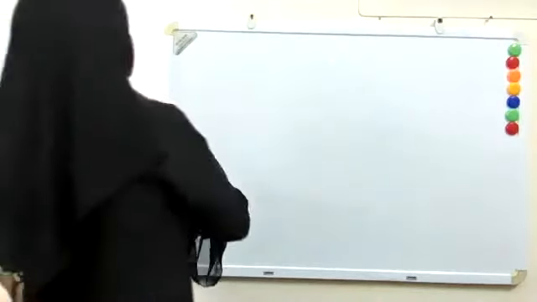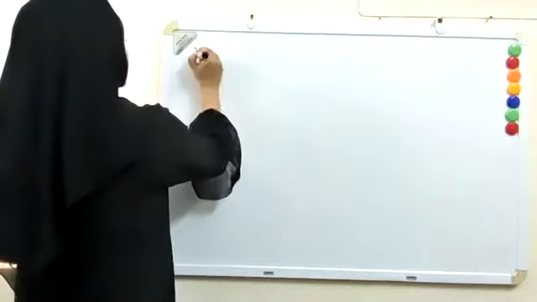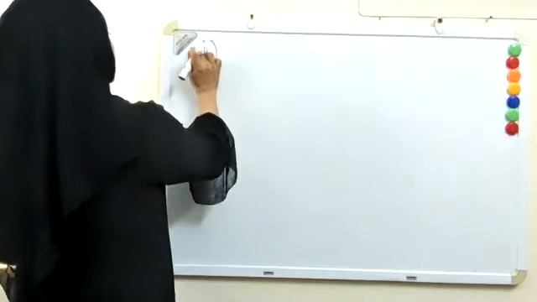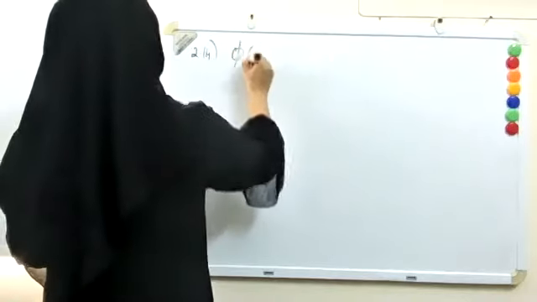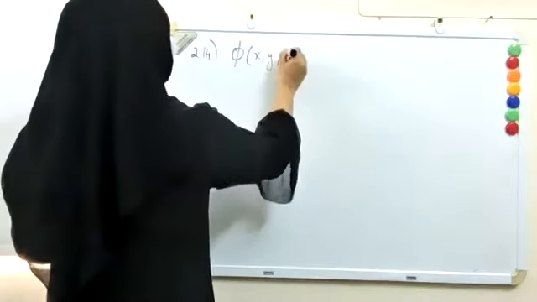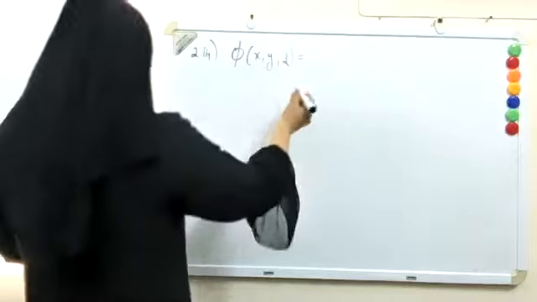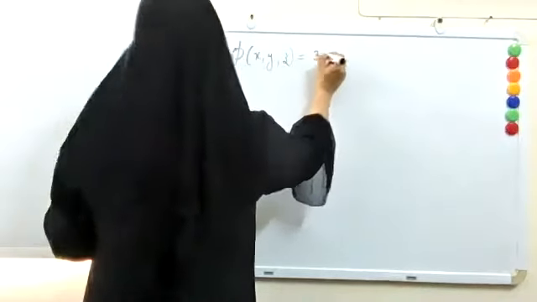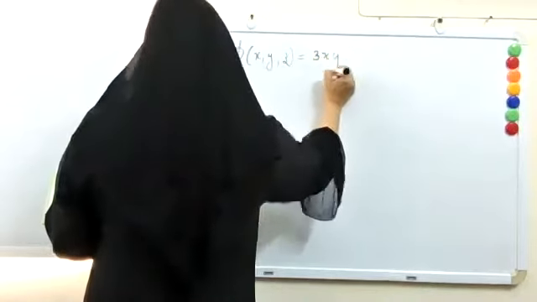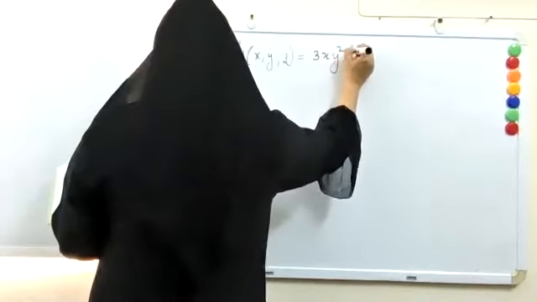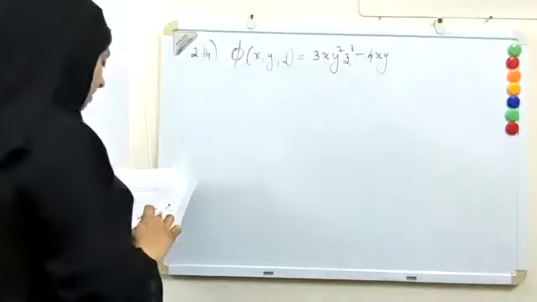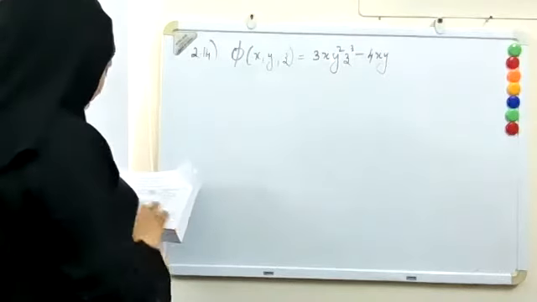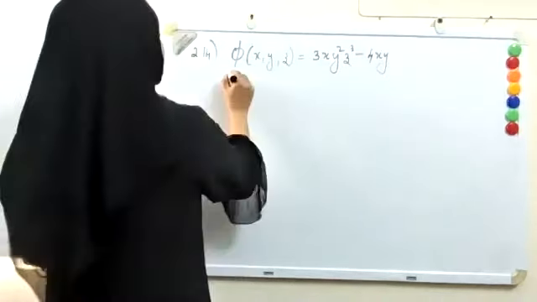So let me consider the first problem. In your textbook, it is problem number 214. And it says that there is a scalar function phi, which is a function of x, y, and z, that is equal to 3xy square z cube minus 4xy, and find grad phi at a point.